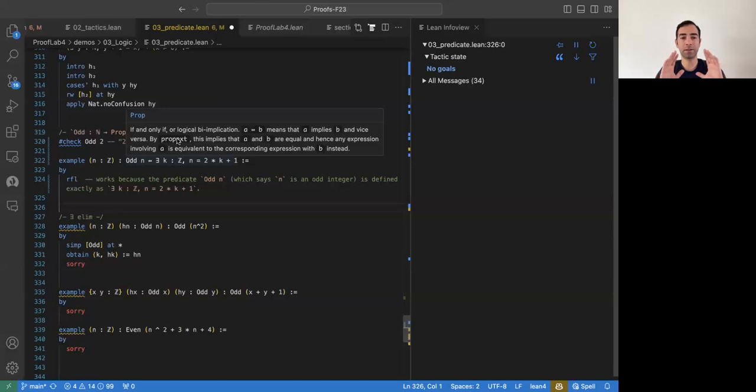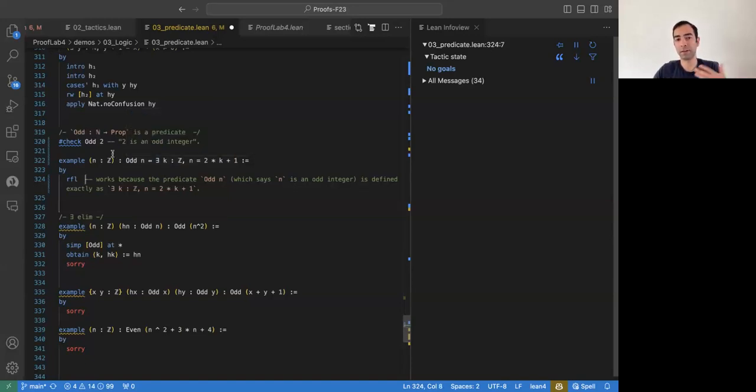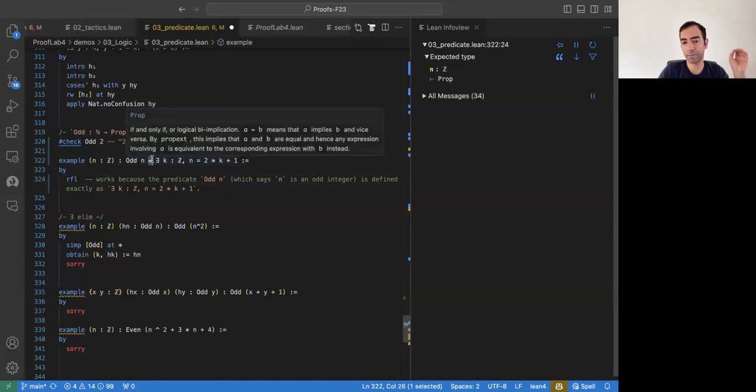This principle makes any two logically equivalent propositions equal. After that, rfl automatically works. So whenever you see if and only if, you can just treat it as equality of propositions.